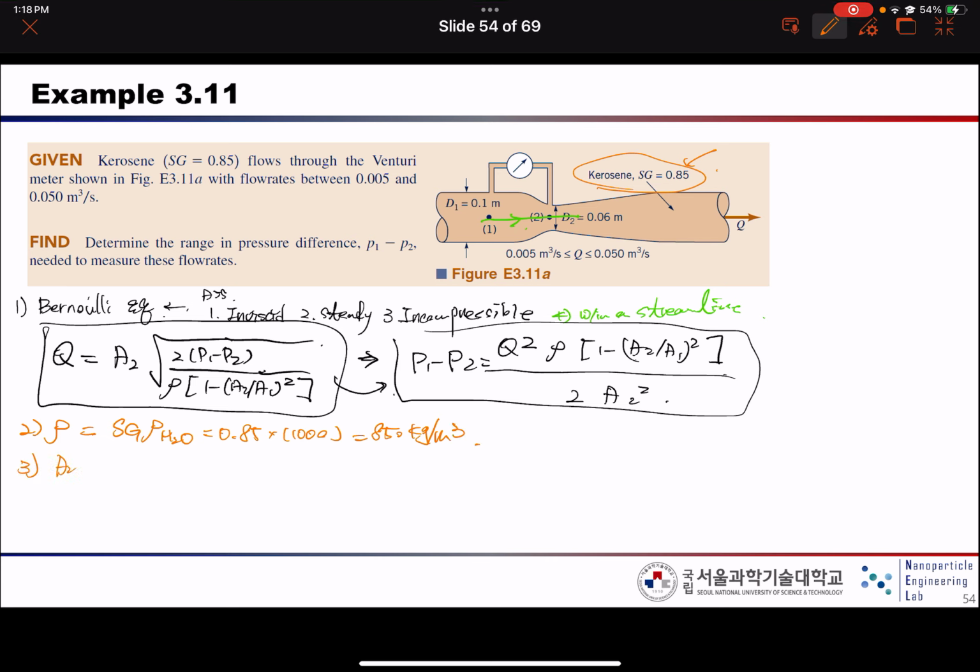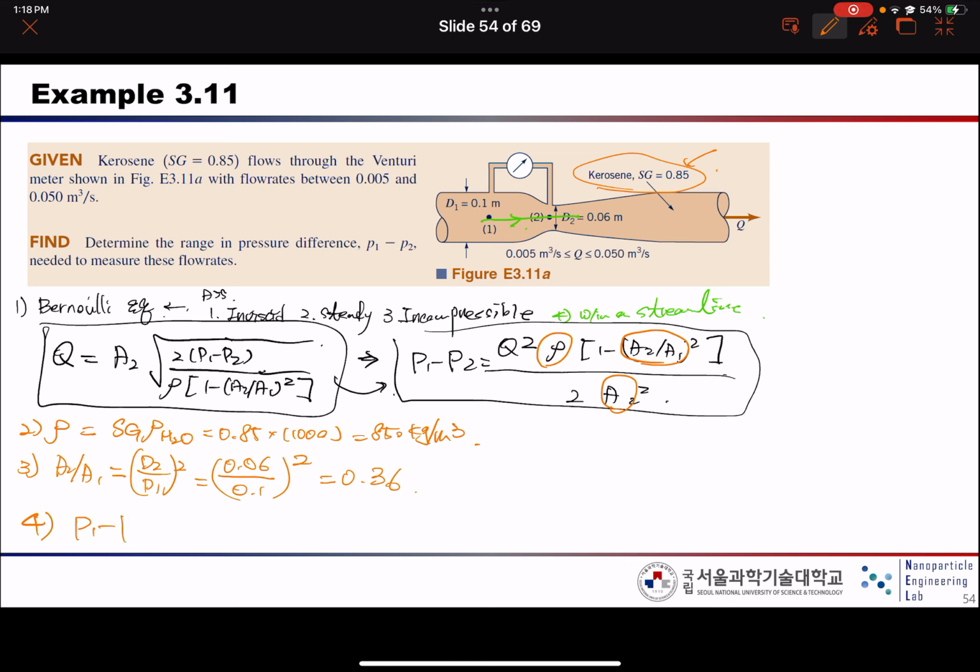Third, A2 over A1 should be the diameter ratio, right? So (0.06/0.1) squared will be 0.36. Because we know all these values, we can put in the values and determine the pressure drop.